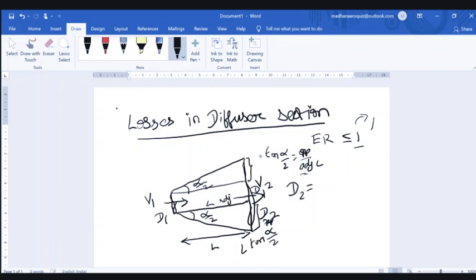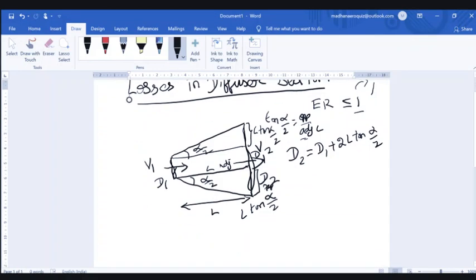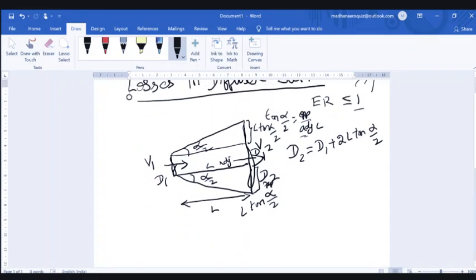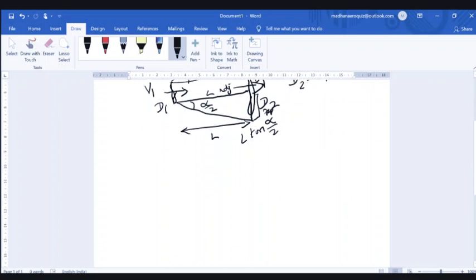Similarly, this portion is also L into tan alpha by 2. So in total we have d2 equal to d1 plus 2 times L tan alpha by 2. And then we are writing the pressure loss equation, which was given by Reynolds friction coefficient.